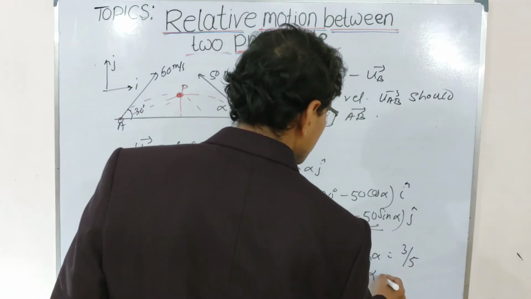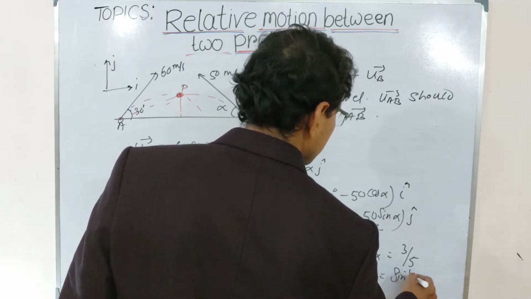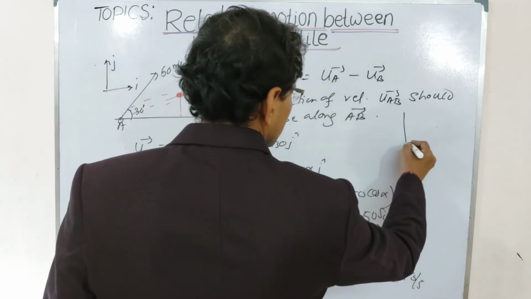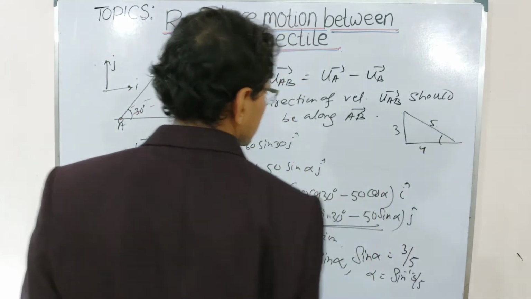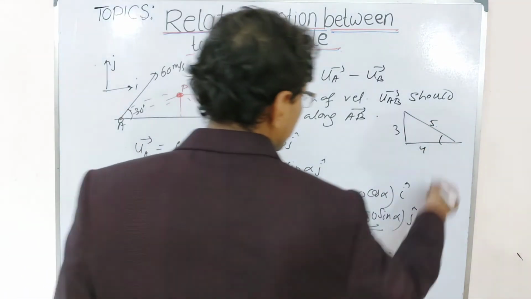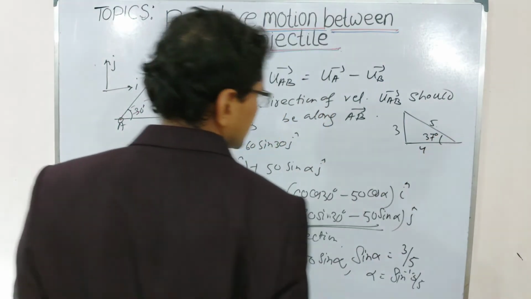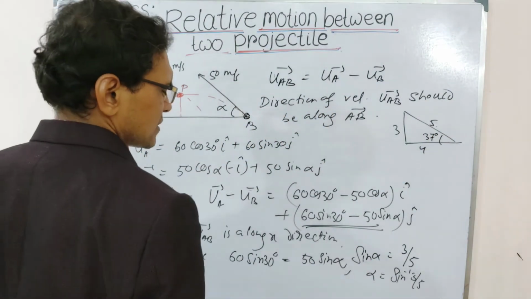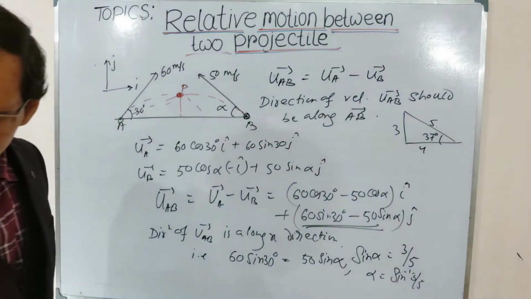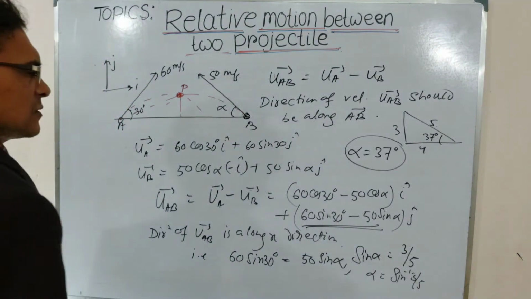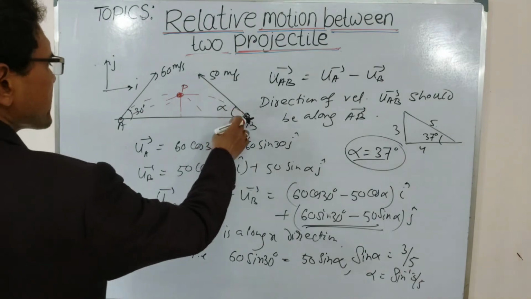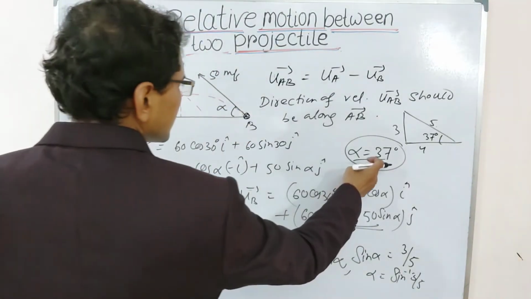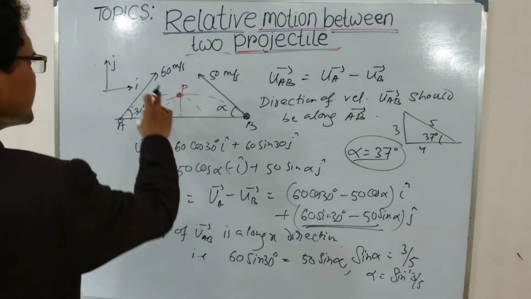So alpha equals sin inverse 3/5. We know 3, 4, 5 and 37 degree. So 3/5 is sin 37 degree. So alpha equals 37 degree. So for that angle, if particle B moves with this velocity at an angle of 37 degrees with the horizontal, then the two particles collide.